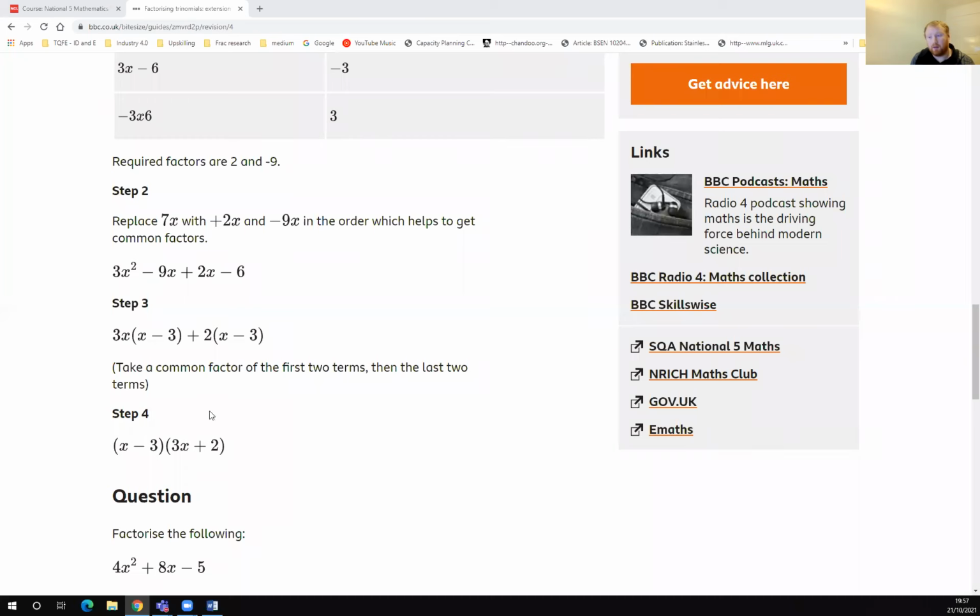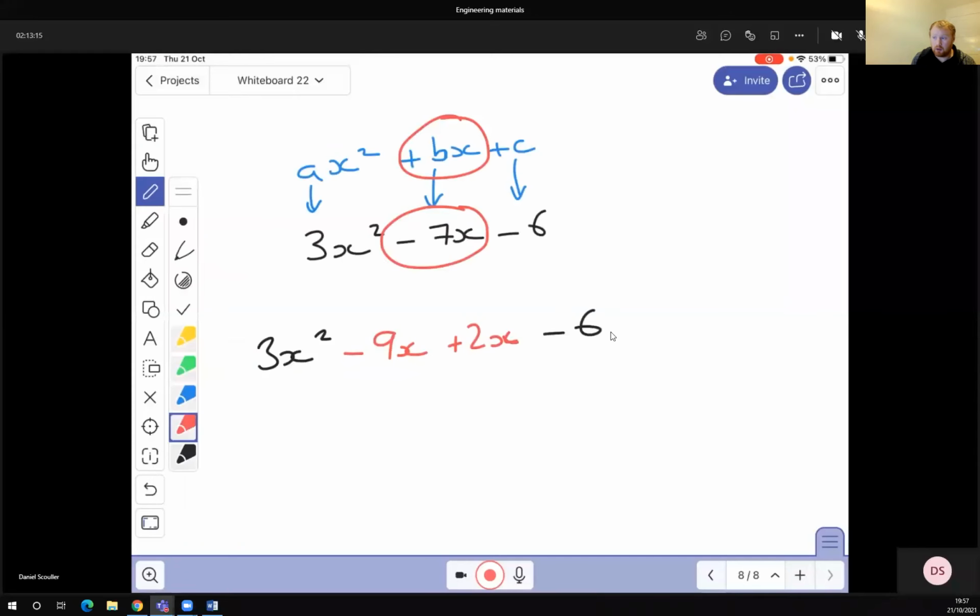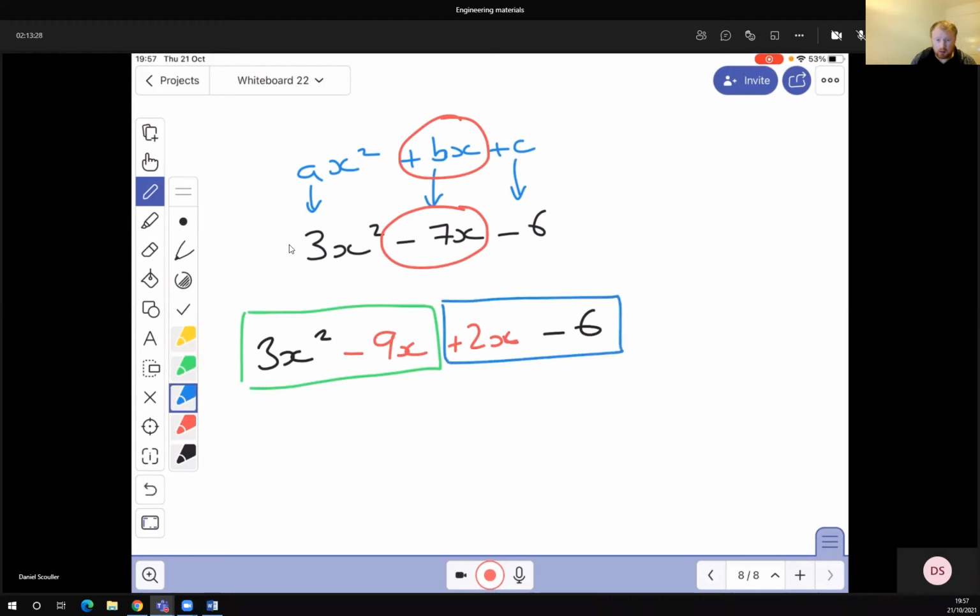So what they've done is collect this term and this term, and remove the common factors. I've written that out. They collect these two terms and these two terms, and then they treat them separately and remove common factors.